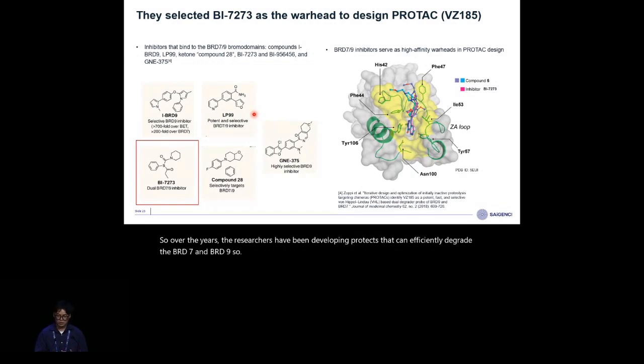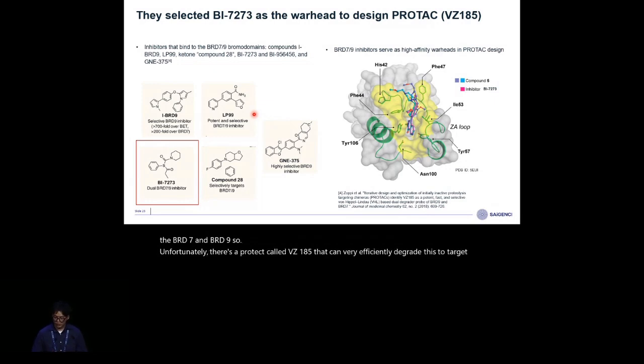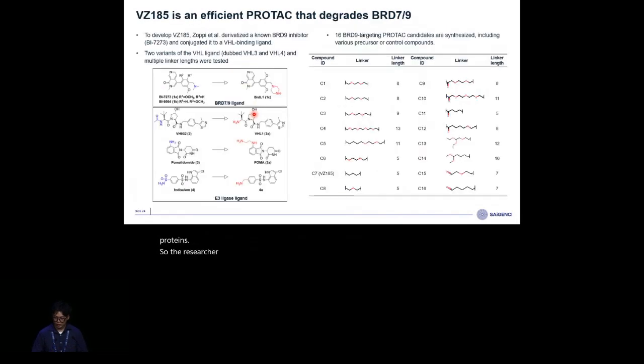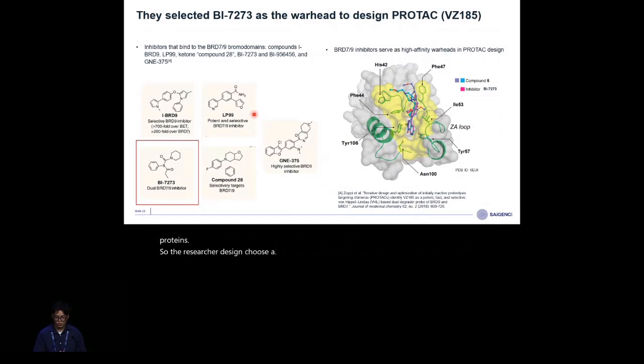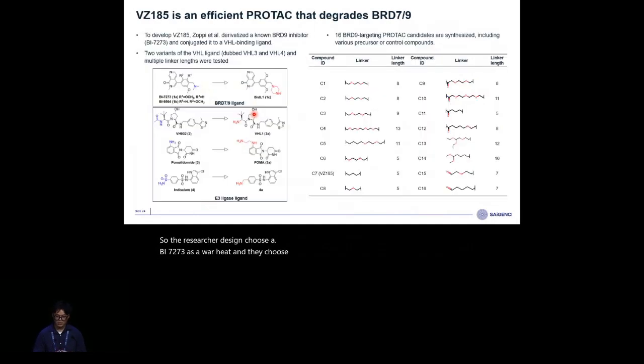There's a PROTAC called VZ185 that can very efficiently degrade these two target proteins. So the researchers chose BI7273 as a warhead, and they chose the VHL ligand as the E3 ligase ligand, as we talked about before.